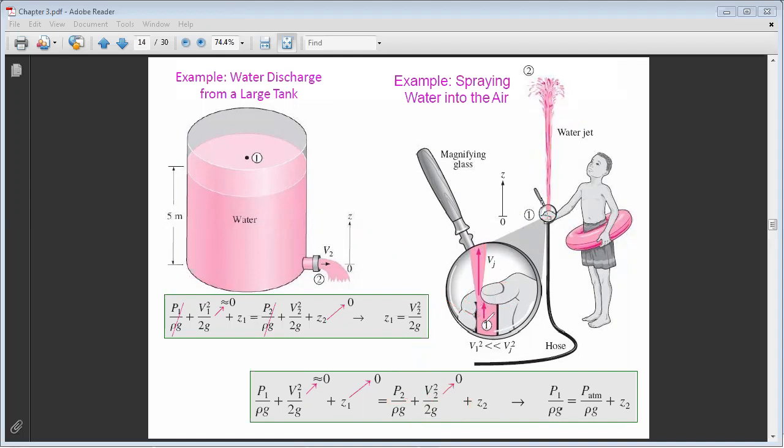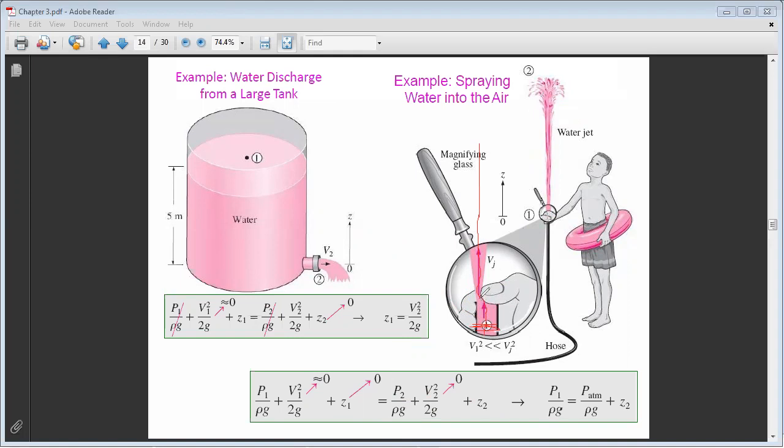The streamline is directed from the tube towards the outlet and then goes up.